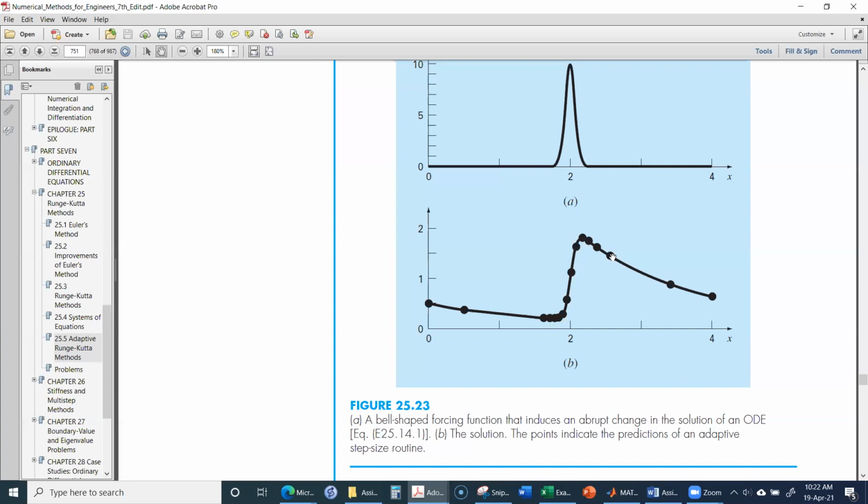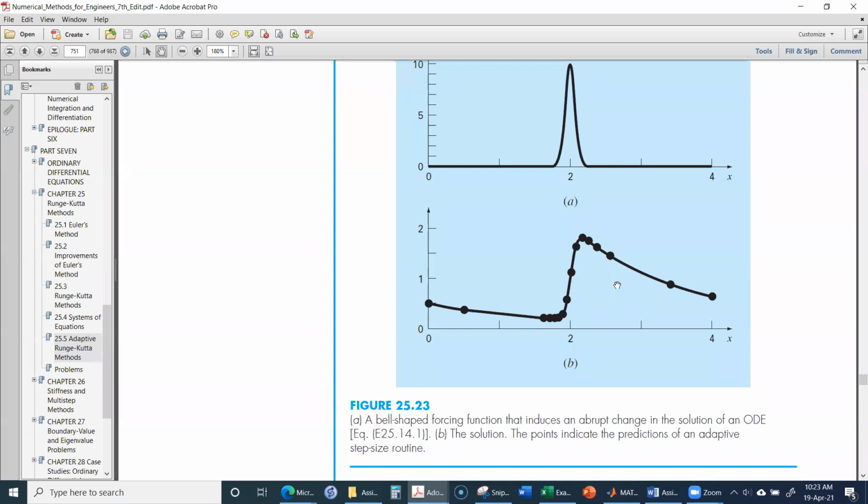And then again, after reaching over here, the algorithm determines that the function is decreasing gradually, so it will increase the step size. Therefore, we don't need to determine so many different points.